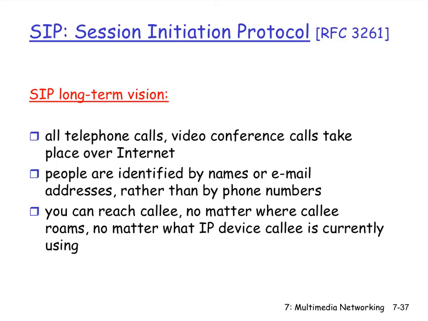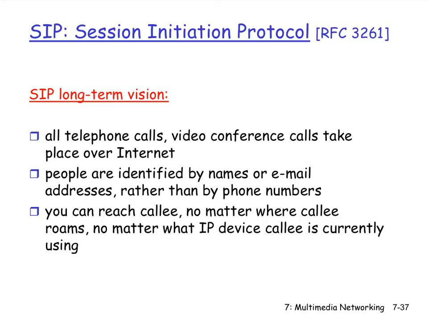People are identified not necessarily by phone numbers. We can identify people by emails. So on Skype, you just provide the email and you are identified. So you don't need any phone number or SIM card or something like this. So you can reach the person whom you're trying to call, no matter where they are roaming.